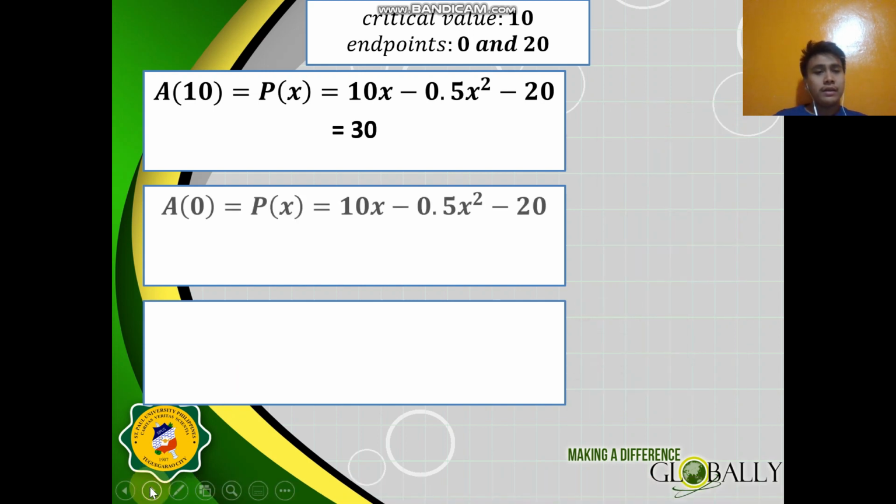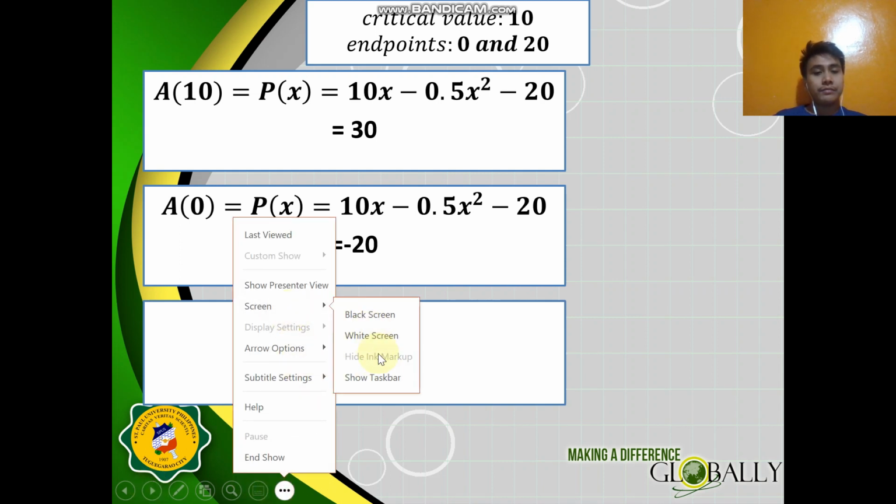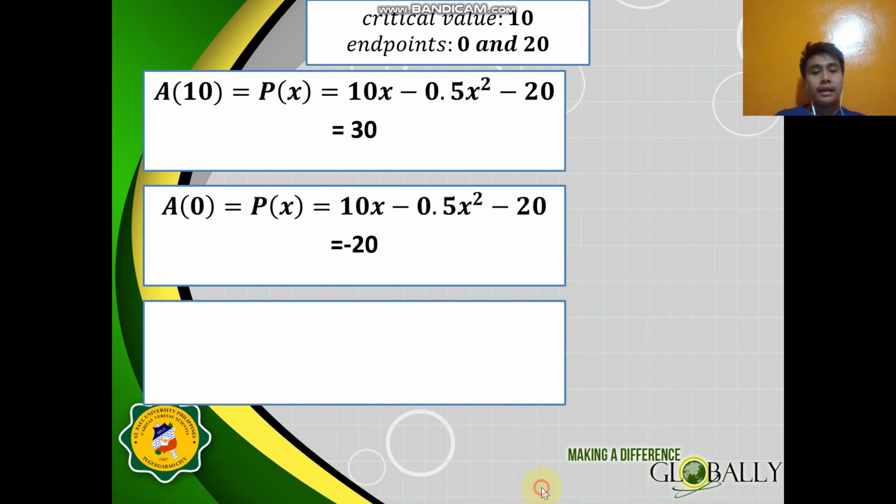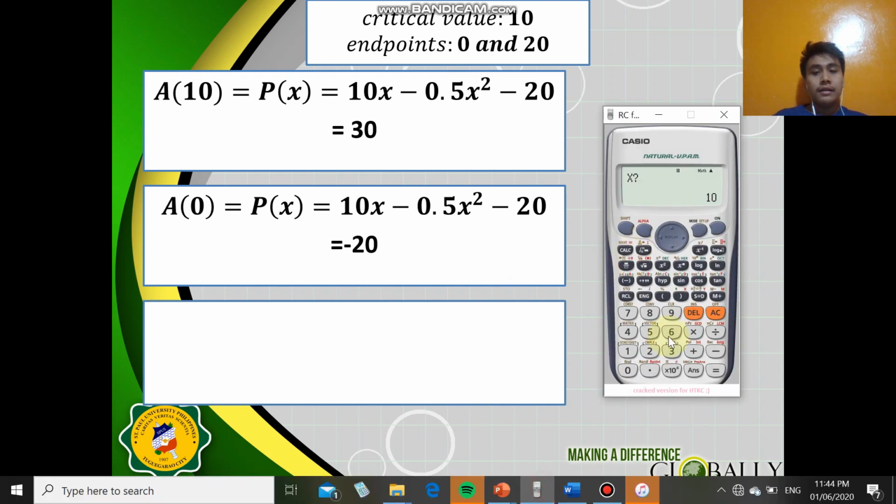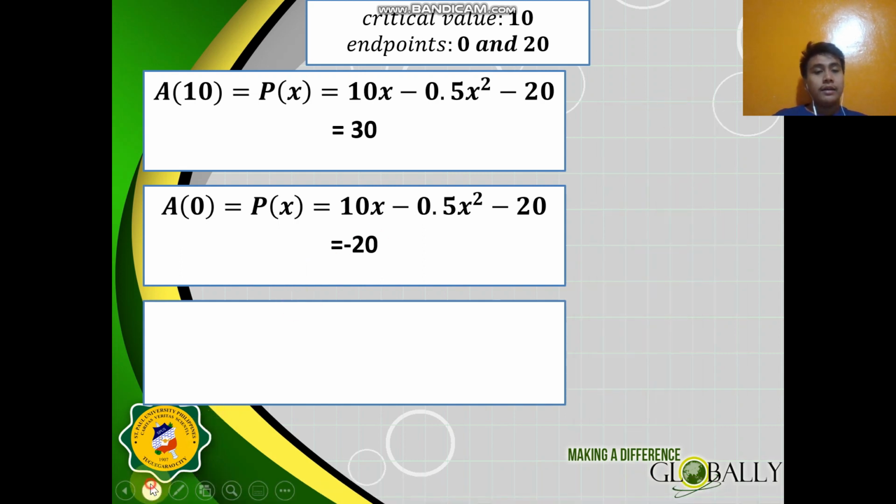So what if the value of x is 0? This will give us negative 20. To check this, click calc, enter 0. Yes, this gives us negative 20.